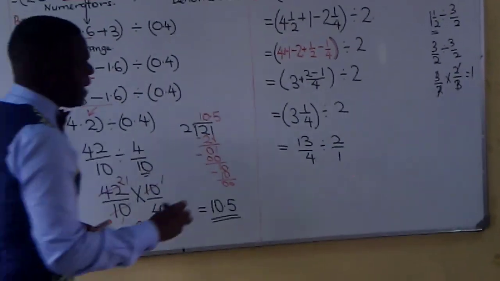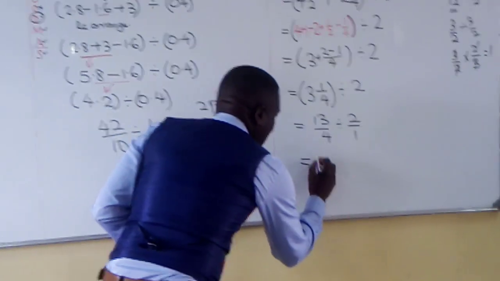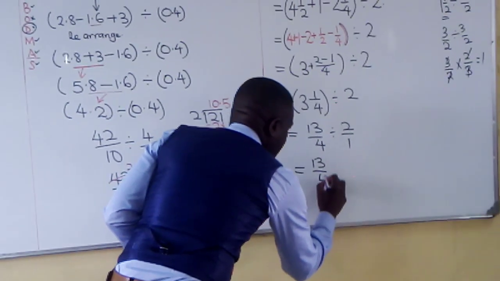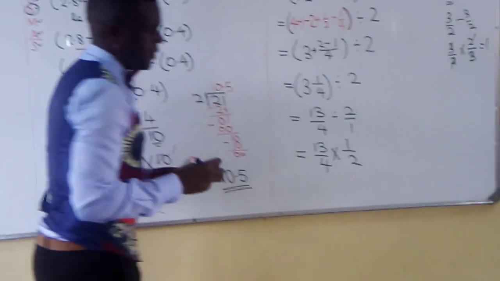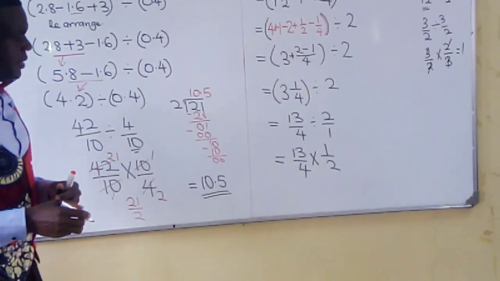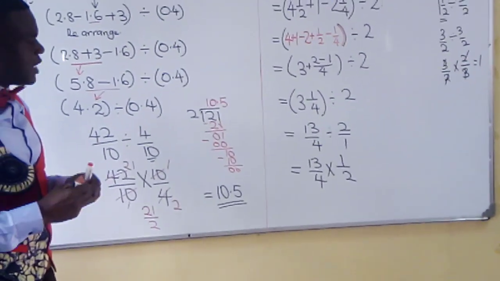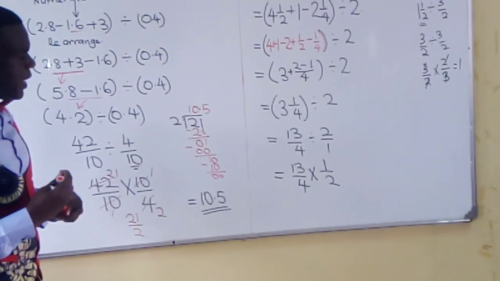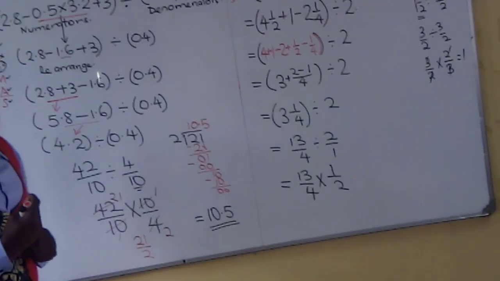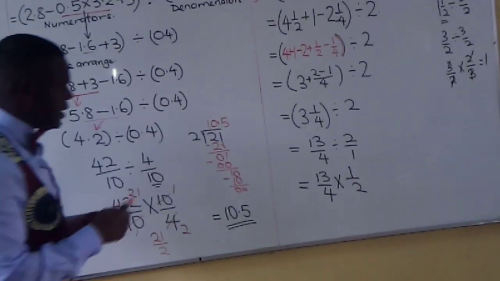Can you see that? Then we can change the sign, boys and girls, and reciprocate. Correct. What is 13 multiplied by 1? Letitia, it's 13. Thank you.